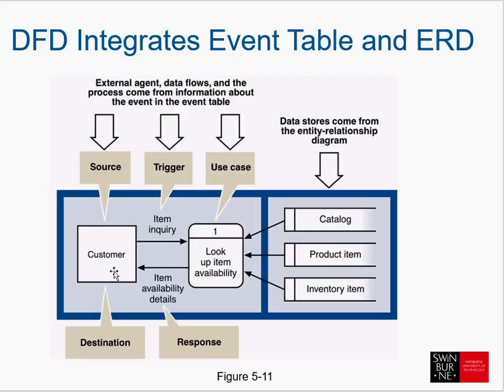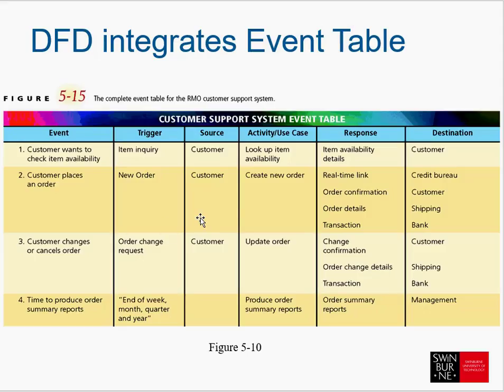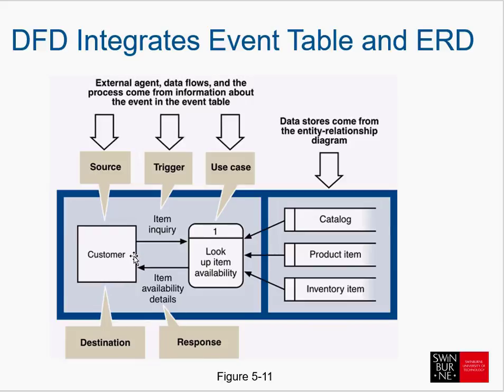So the external agent is a destination in this case. We captured the information contained in this particular record using data flow diagram notations.